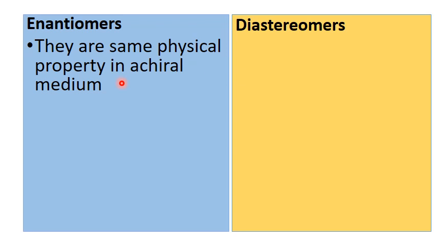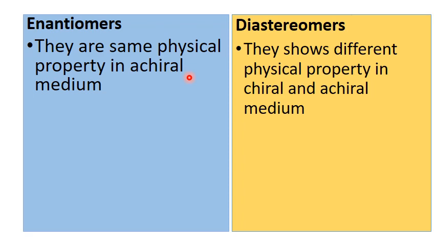So if the medium is achiral, the enantiomers show the same physical property. Diastereomers show different physical properties in chiral and achiral medium.